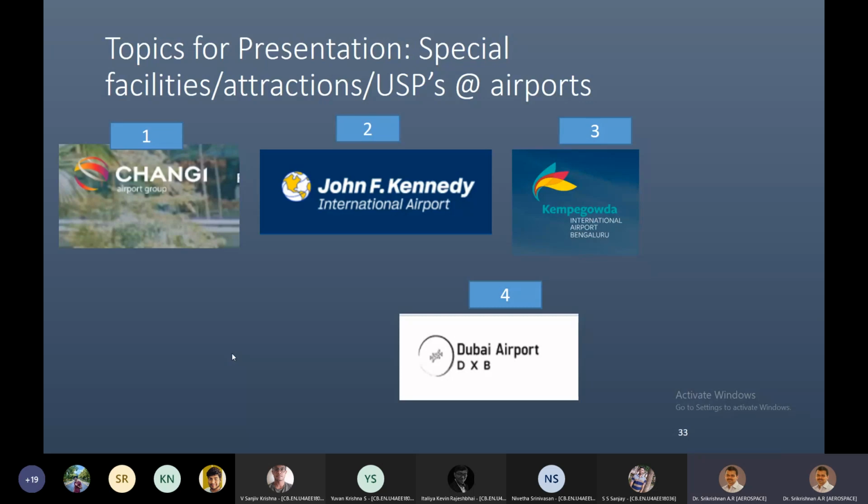The first three I'm familiar with. Dubai airport, I'm yet to use it. I don't like travel at all. All the travels that I've made are when it was essential or I could not get out of it. Anyway, that's my personal experience.